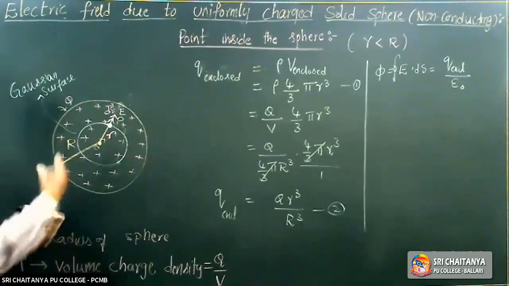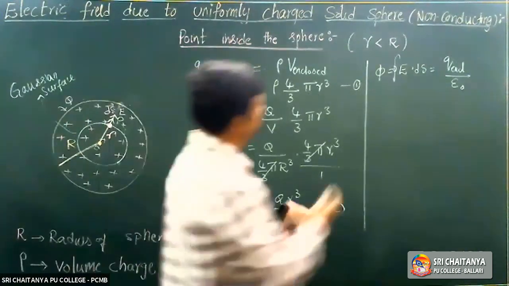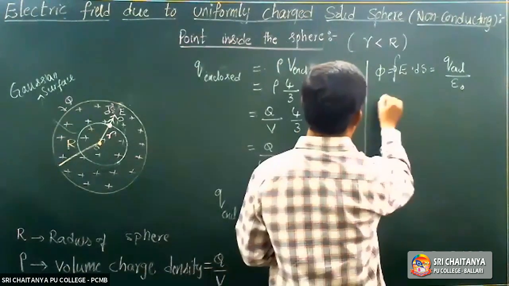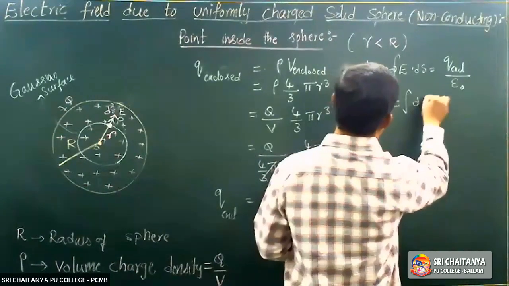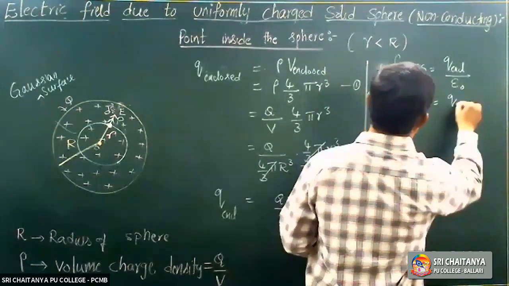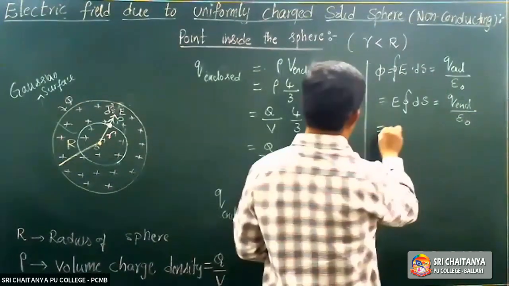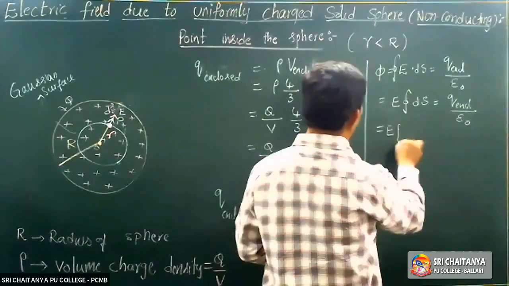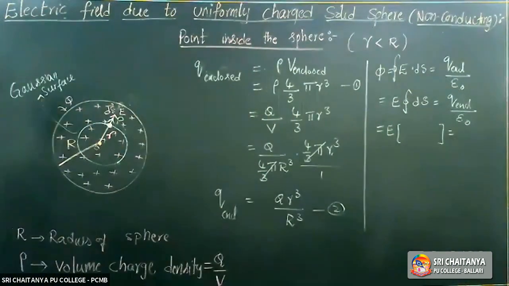For any spherical surface, E and ds are parallel. So E times integral of ds equals Q enclosed by epsilon naught.